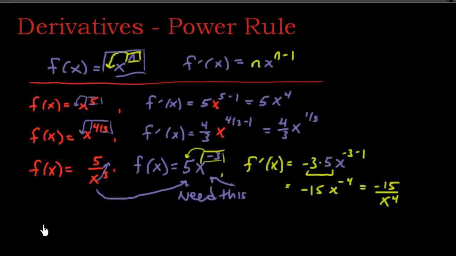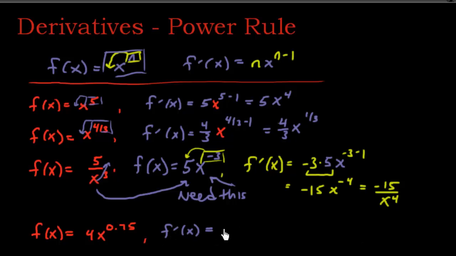Now this also works with positive integers, like 5. It will work with negative integers. It will work with fractions, and will also work with decimals. So if I have f of x equals, say, 4x to the 0.75, then the derivative is going to be f prime of x.